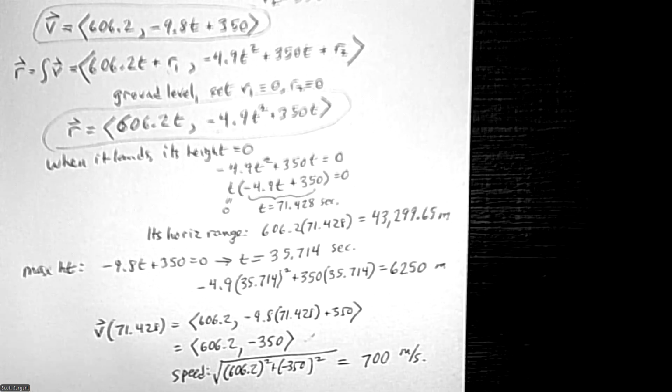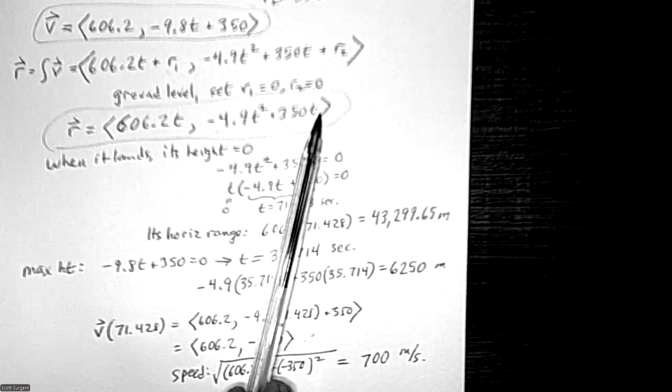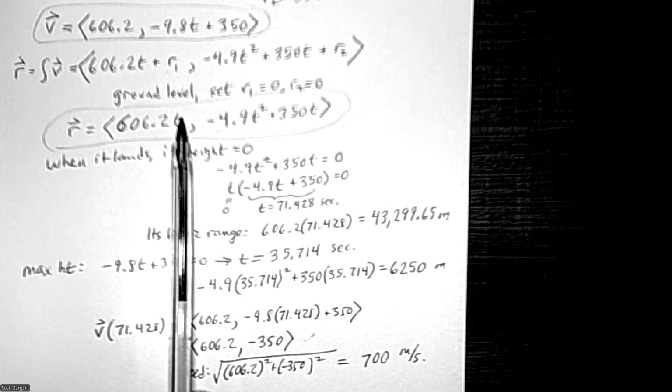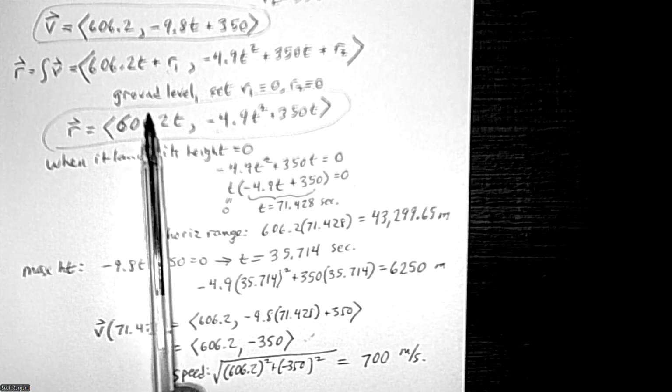Actually, I was going to refer to the question about what if we have something thrown from the top of a building or from a cliff? Example 22.1 in the typed examples for 10.9 covers that, but basically you're going to treat the height of that building as r sub y. So you're going to add it to your y component of the vector. And by the way, you can always set your r sub x to 0.